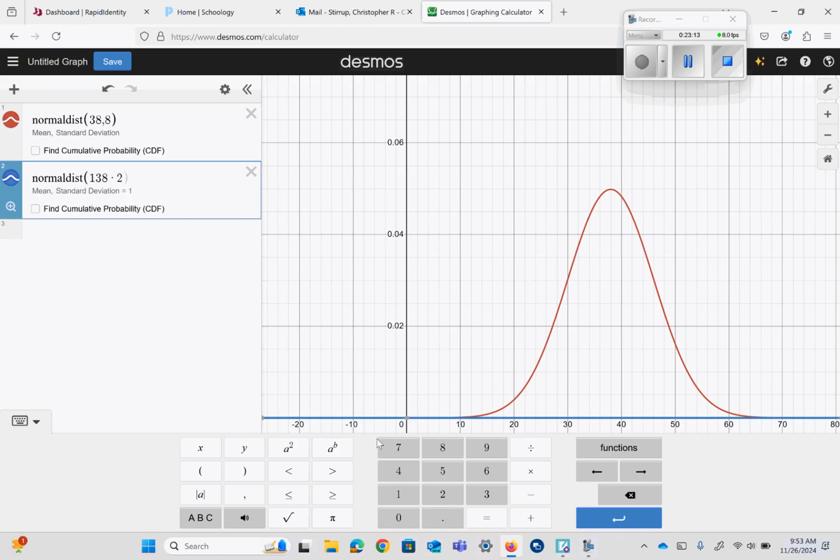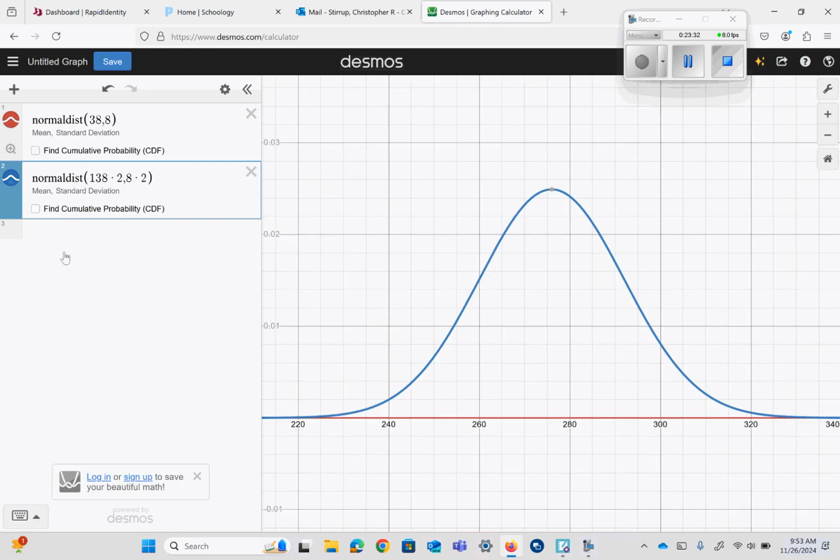And if I double that, that means my standard deviation gets doubled. So 8 times 2. All right. So I can't even see it now.